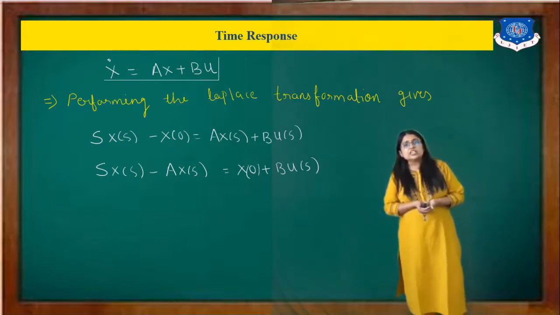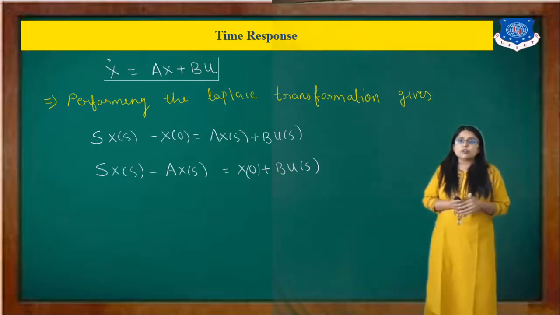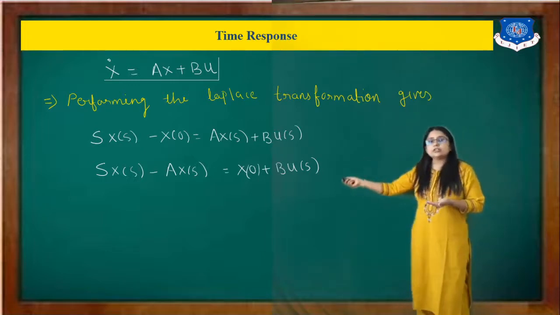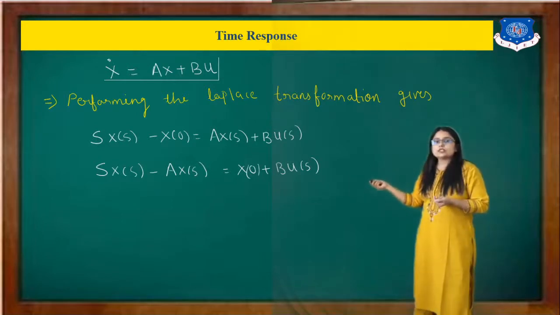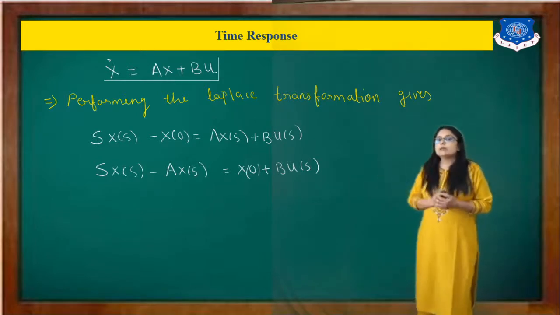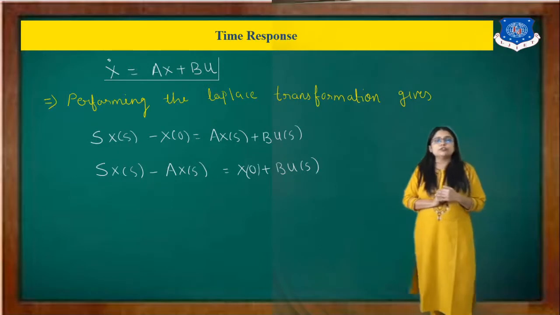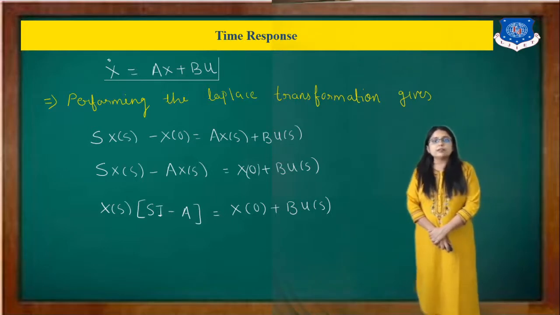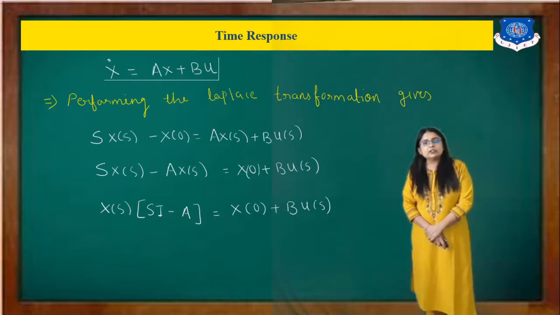We take the initial condition equal to 0 only when we are finding the transfer function. So write s X(s) minus A X(s) equals x(0) plus B U(s). Now take X(s) common. So we have (sI minus A) X(s) equals x(0) plus B U(s).